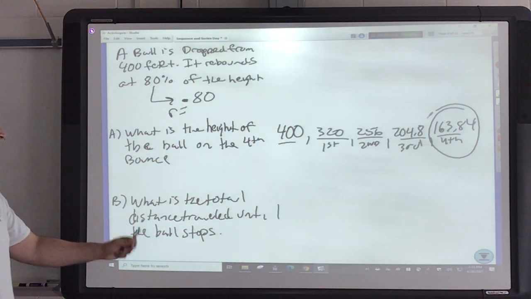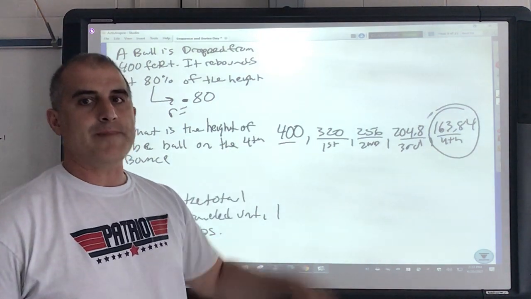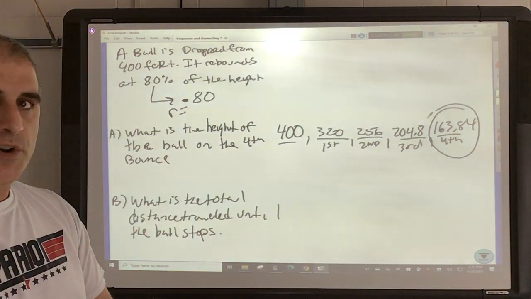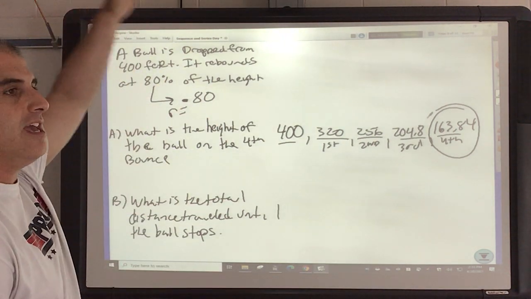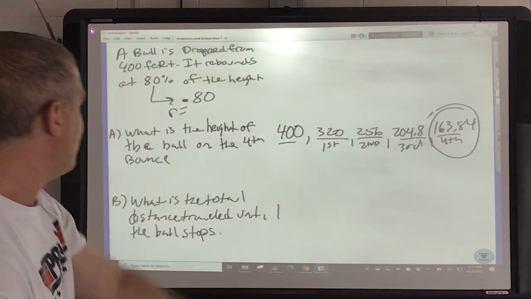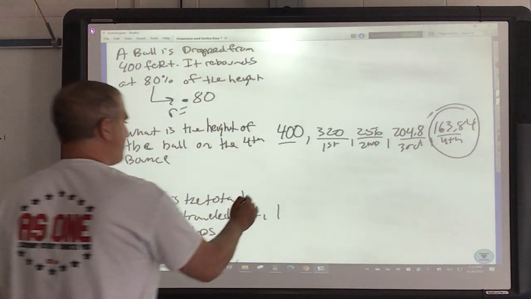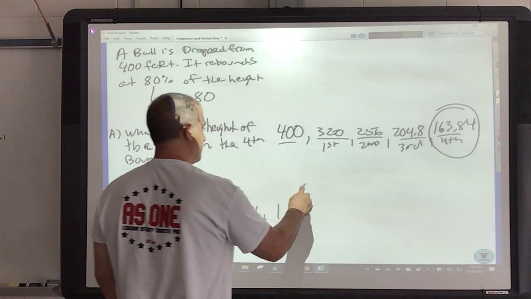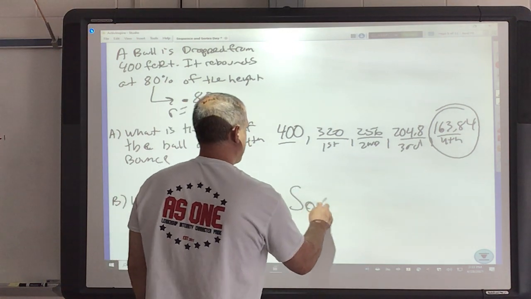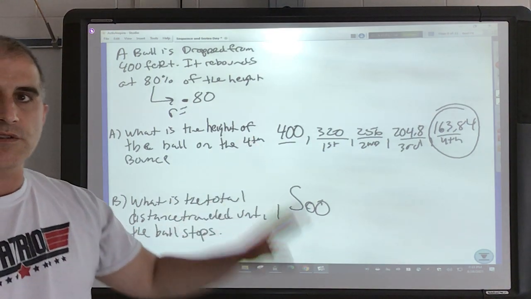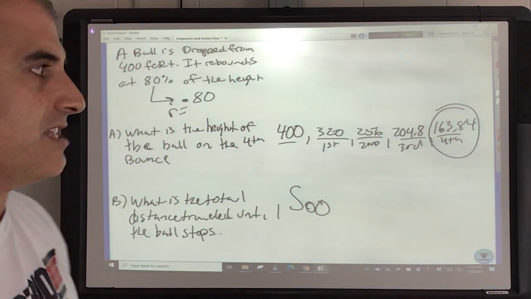Now it says, what is the total distance until the ball stops? The ball's going to keep bouncing, and it's eventually going to run out. So what they're tracking is how much distance or height this covers each time all together. This becomes an infinite sum problem, because it's bouncing on forever, and eventually it will come to a stop.